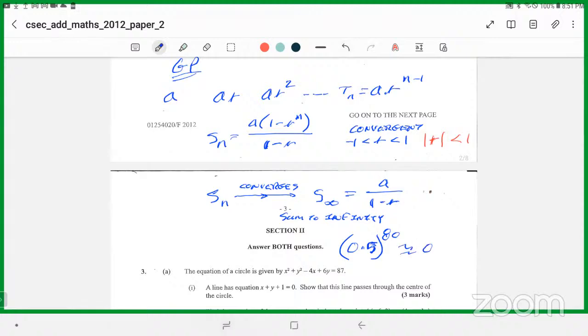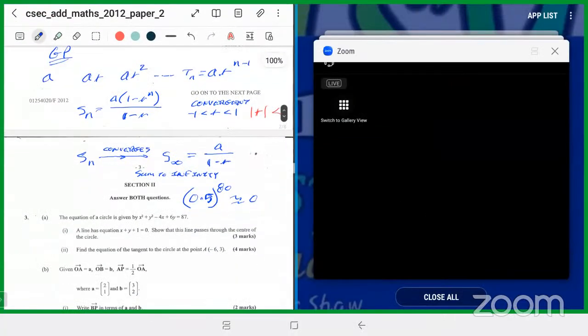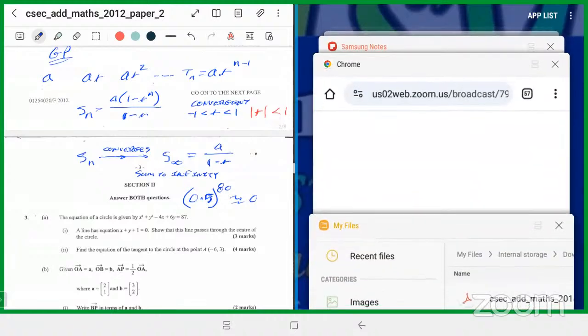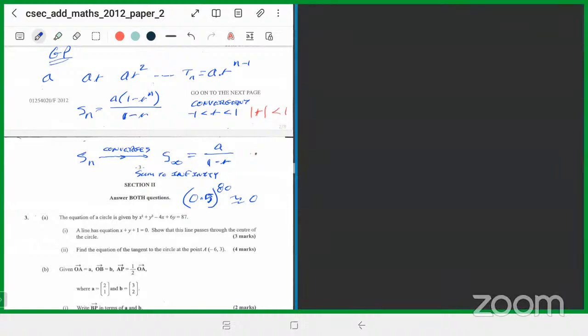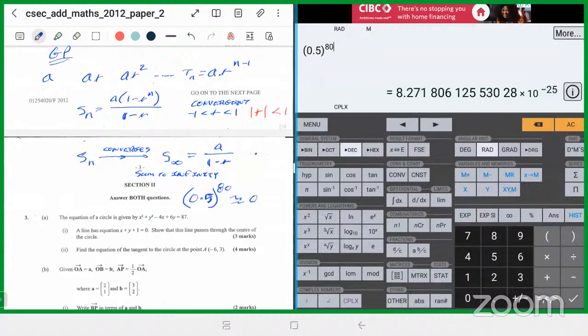I can show it on the calculator. When you raise a fraction to a very high power, it becomes very, very small. It tends to 0. So let me show you on the calculator that you get a very small value if I raise 0.5 to the power 80. You get something like 10 to the negative 20.